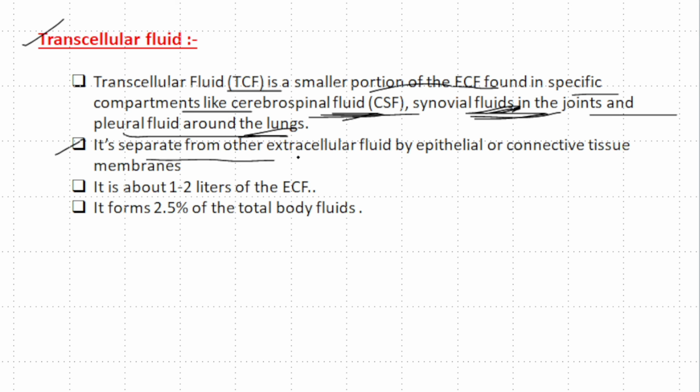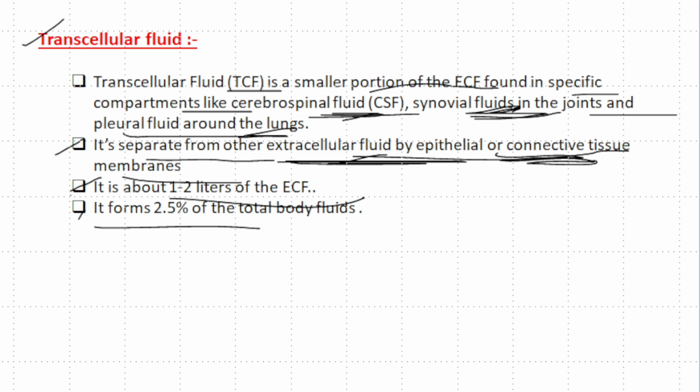It separates from other extracellular fluid by an epithelial or connective tissue membrane. It is about 1 to 2 liters of ECF and forms 2.5% of the total body fluid.